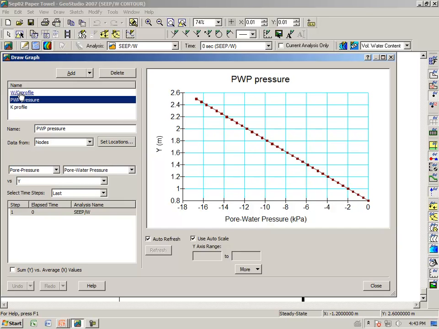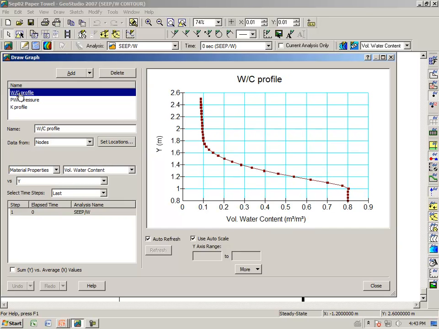We can then plot the volumetric water content profile. And now notice that the water level is at 0.8 meters, and so we remain at the saturated water content until we are at elevation 1 meter.